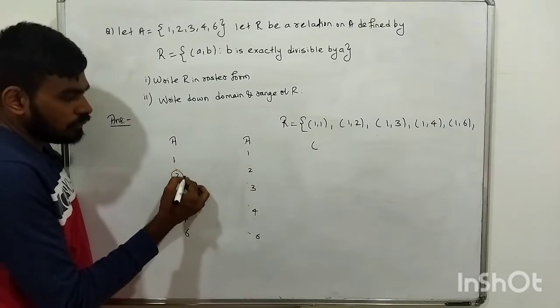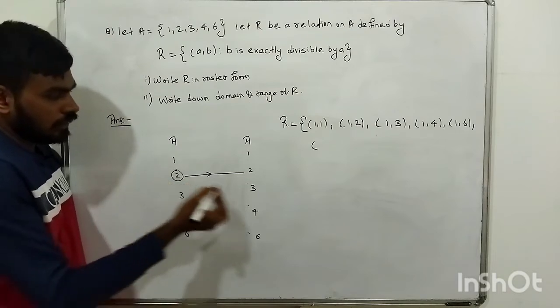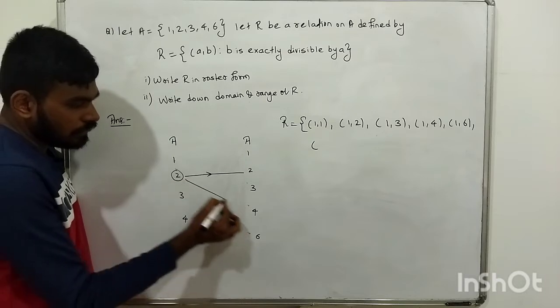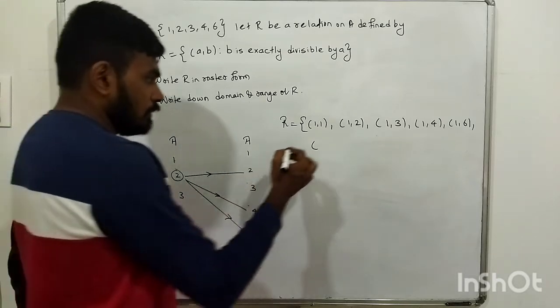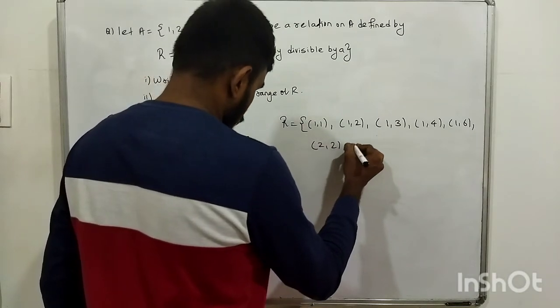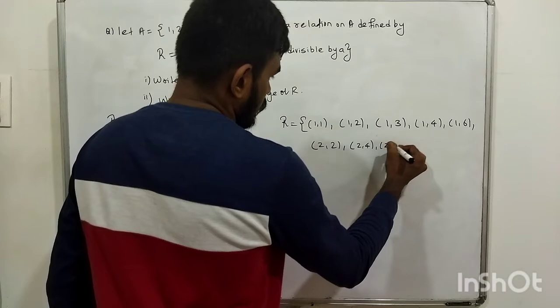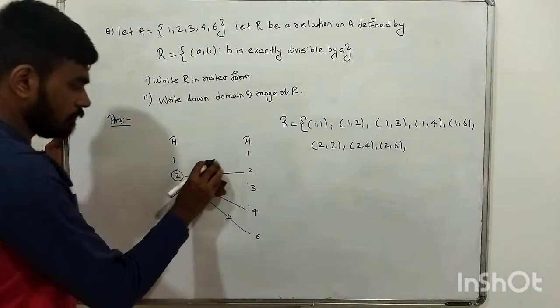Next 2 upon 2, this we can take because 2 upon 2 is 1. 3 upon 2 we can't take because 3 upon 2 is 1.5. 4 upon 2 we can take. And 6 upon 2 also we can take. So 2 comma 2, 2 comma 4, 2 comma 6. Next we'll check for 3 now.